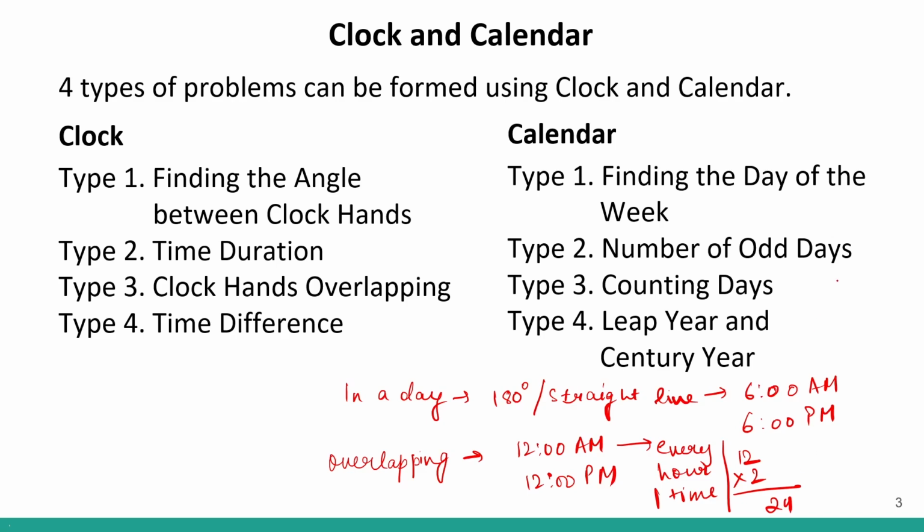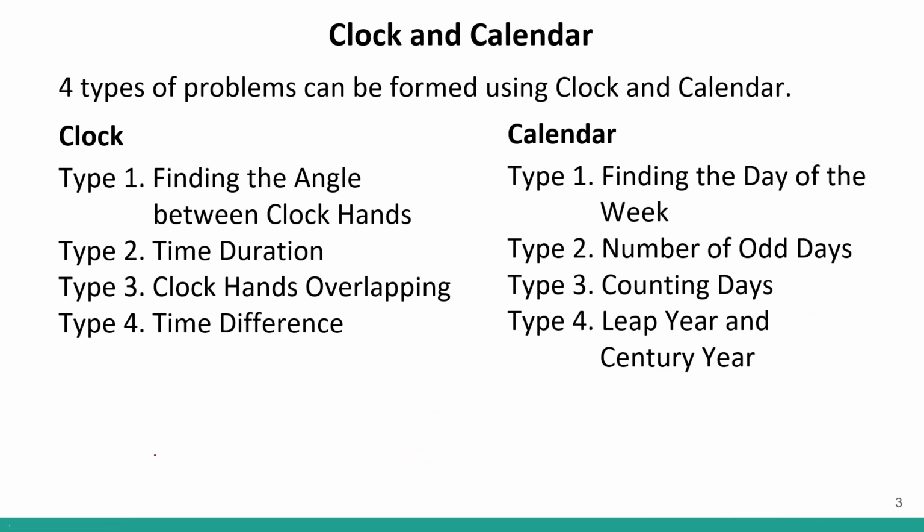Correct? So a clock will start from 12, complete 12, that we will get noon. Then again start from 12 and complete till 11:59 again. So 2 rotations. So 12 into 2, that is 24. But we have already taken this into consideration. So to avoid repetition, clock hands overlap 22 times in a day. These were your basic concepts that we discussed in the previous lectures.